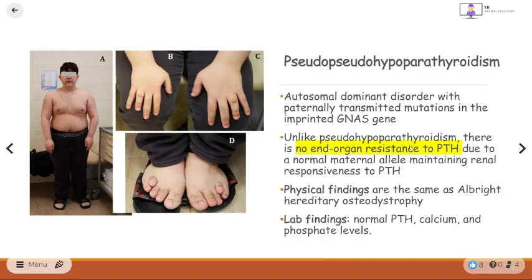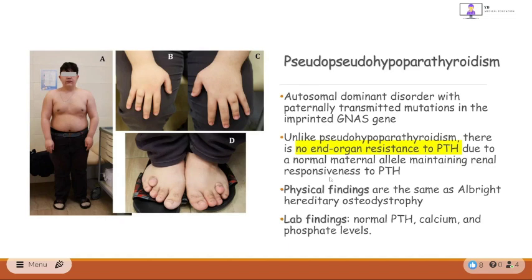What about pseudo-pseudohypoparathyroidism? Unlike pseudohypoparathyroidism, there is no end organ resistance to parathyroid hormone, due to a normal maternal allele maintaining renal responsiveness to parathyroid hormone. So you still have just the paternally transmitted mutation in GNAS, but you still have another gene that's normal that maintains the function of the parathyroid hormone.